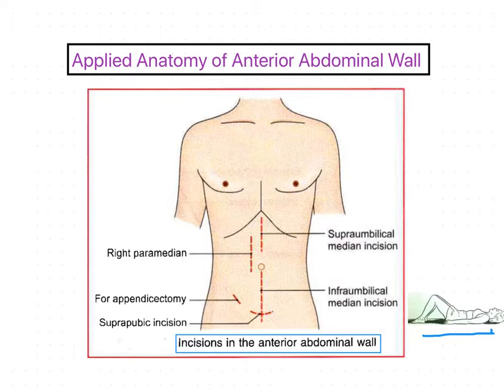Okay, now we have to refresh the functions of the anterior abdominal wall muscles. Normally these abdominal wall muscles support the abdominal viscera by providing a firm elastic support against gravity.